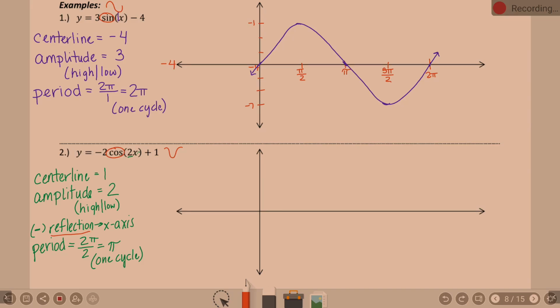I'm gonna fit it on the pi, but I have a reflection. So my graph that does start high, go low, and end up high, now it's going to flip. And so instead of being one big valley, it's going to be one big hill or mountain. Okay? Those are the visuals I need you thinking. Ready to try this?